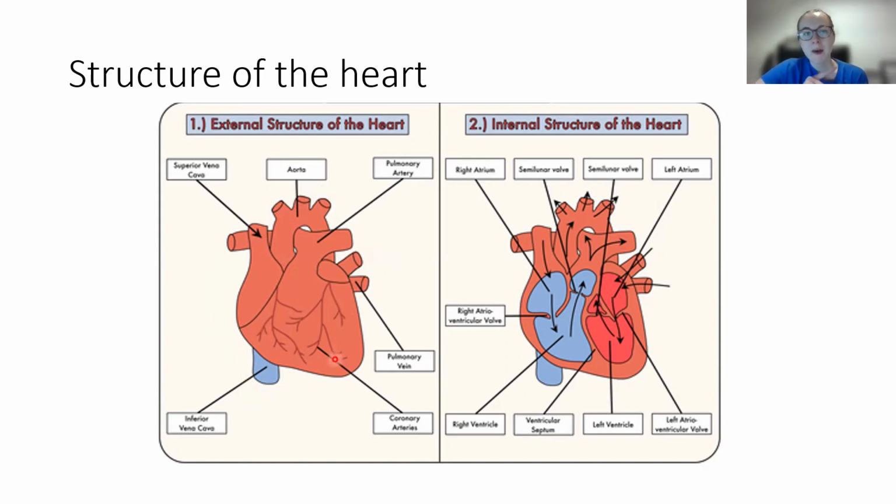So the important thing to remember about the external structure of the heart is you've got these called your coronary arteries, and these are what are on the surface of your heart. Can anyone think of what's the point of having these coronary arteries on the surface of the heart? Why do we need these?